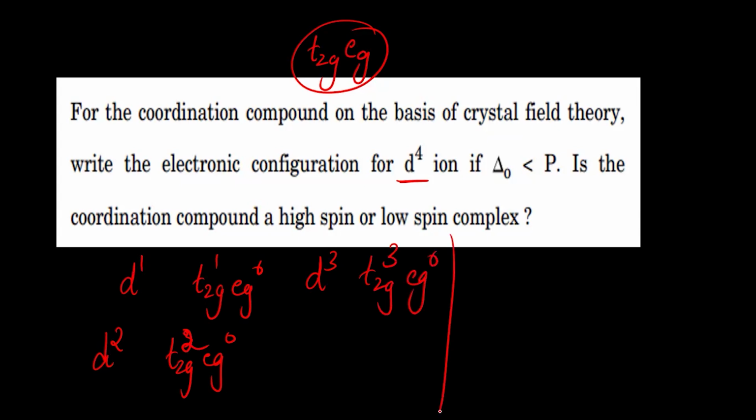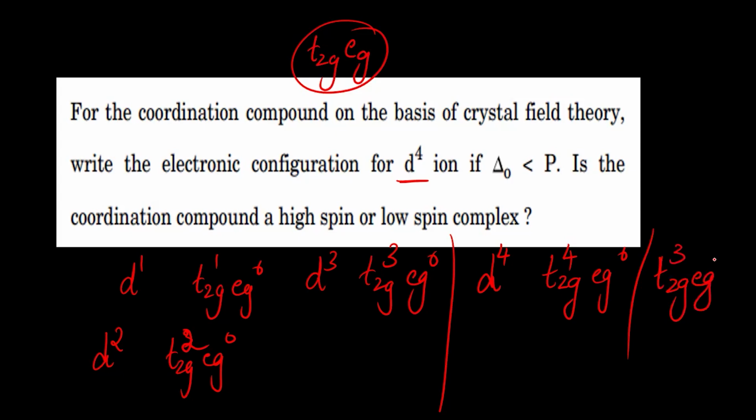After d3 comes d4. In the case of d4, two possibilities are there. Either the electron can sit in t2g4, eg0, or it can jump to eg, giving t2g3, eg1. What will happen depends upon this.